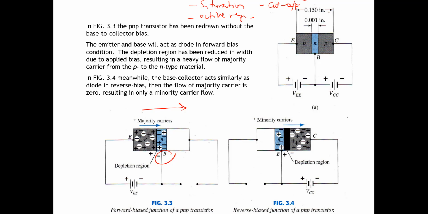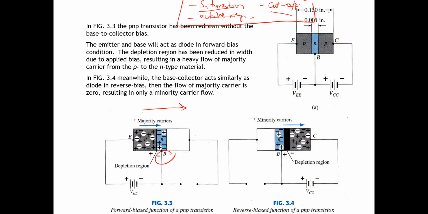So if we want to deliver a current, we put the bipolar junction transistor in saturation mode or active region mode. But if we want to turn off the BJT, we put it in cutoff mode. Okay, so this configuration is the forward bias or active region.